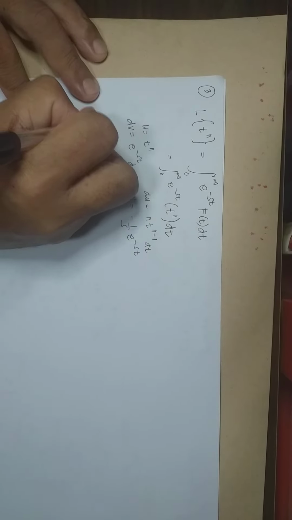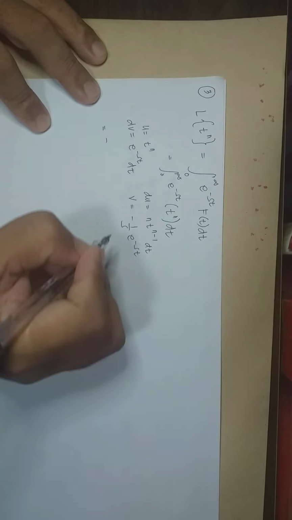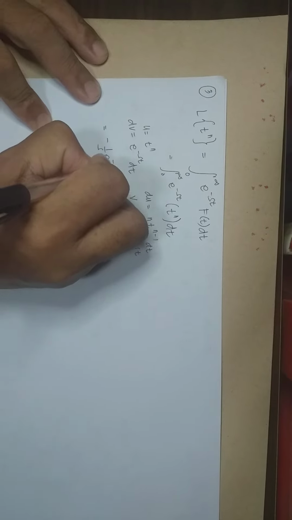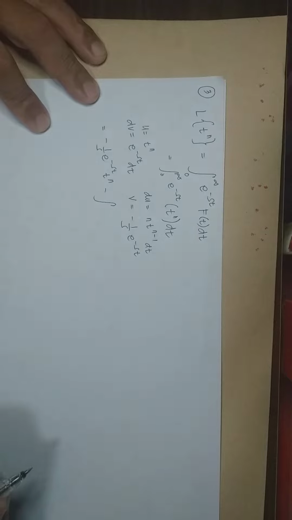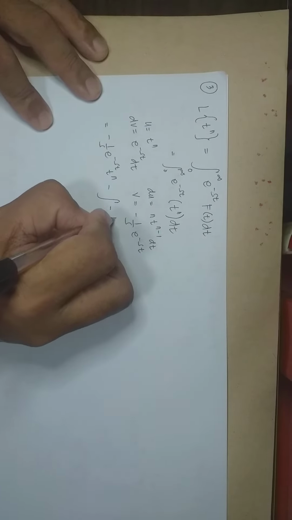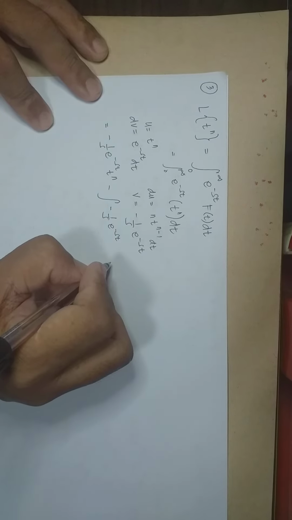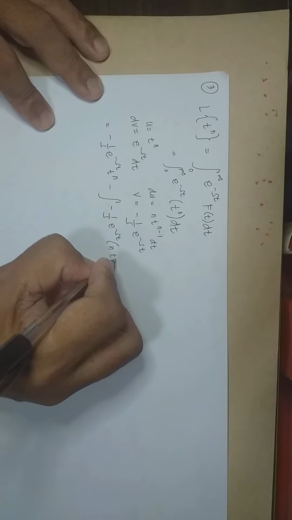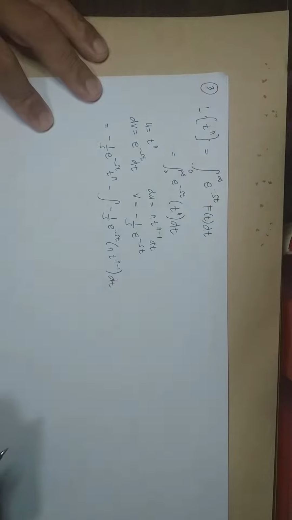Applying the formula for integration by parts, uv, we have negative 1 over s e to the negative st t raised to n minus the integral of v du, negative 1 over s e to the negative st du is n t raised to n minus 1 dt. Okay?